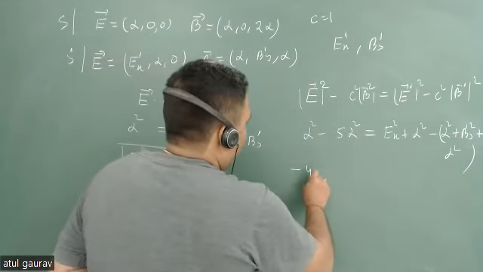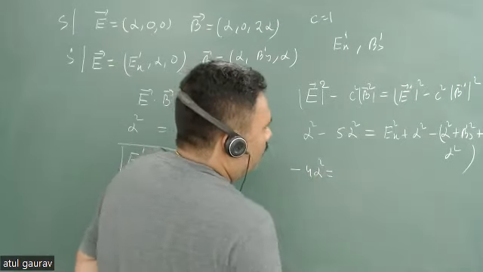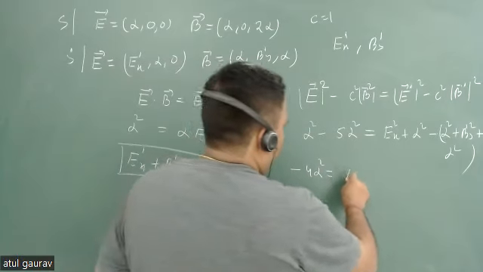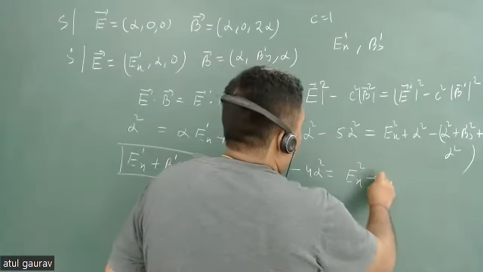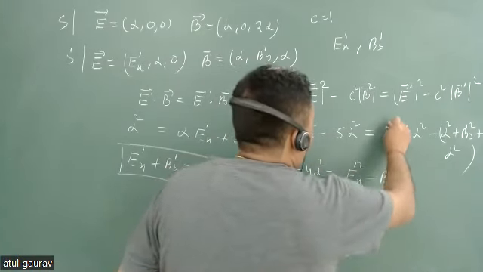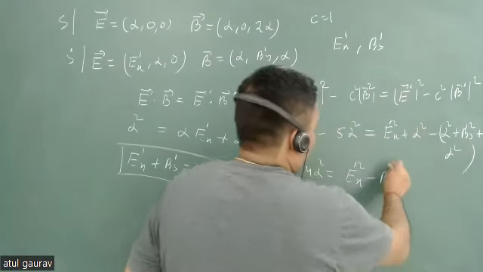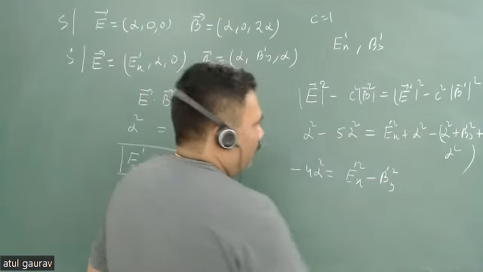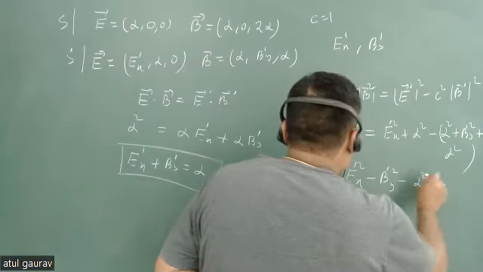So this is minus 4 alpha square, and this value is equal to 1 alpha square. 1 alpha square cancels out. So we have Ex dash square minus By dash square minus alpha square.